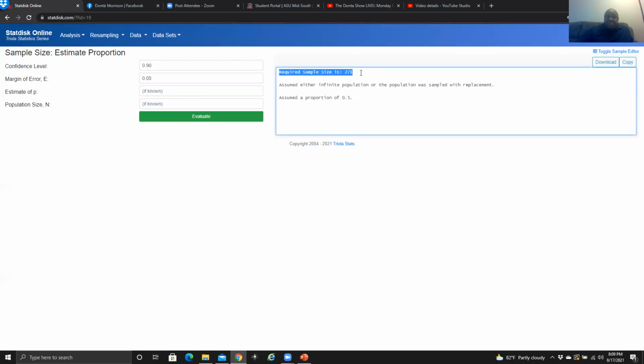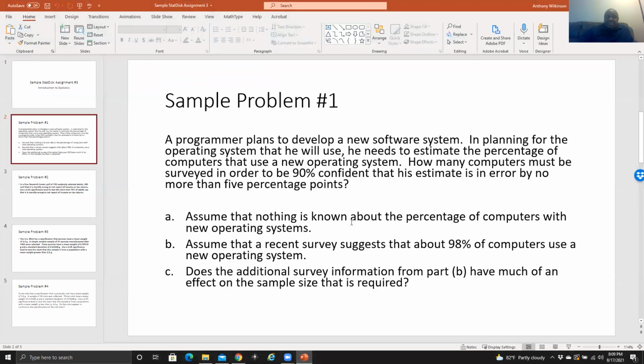In this case, it would be 271. So to answer the question in our slide here, if we know nothing about the percentage of computers with operating systems, then 271 computers have to be surveyed in order to be 90% confident that his estimate is in error by no more than 5 percentage points.